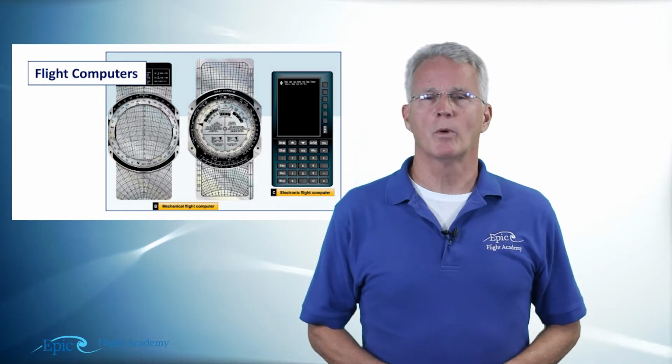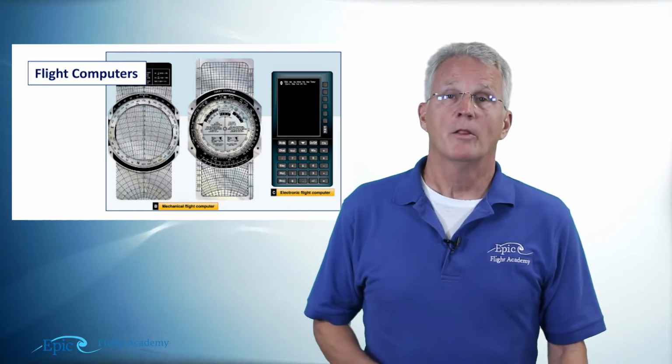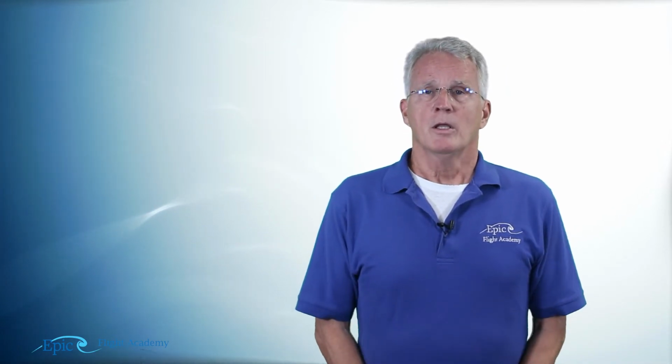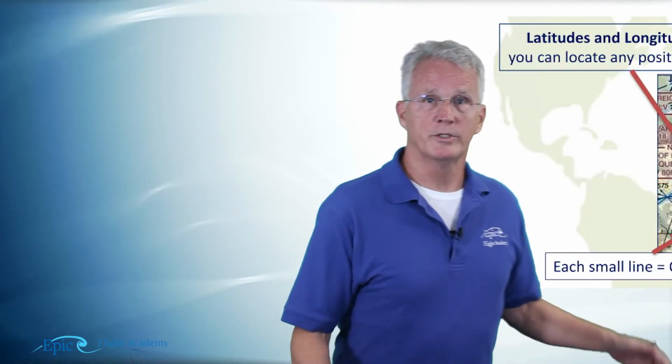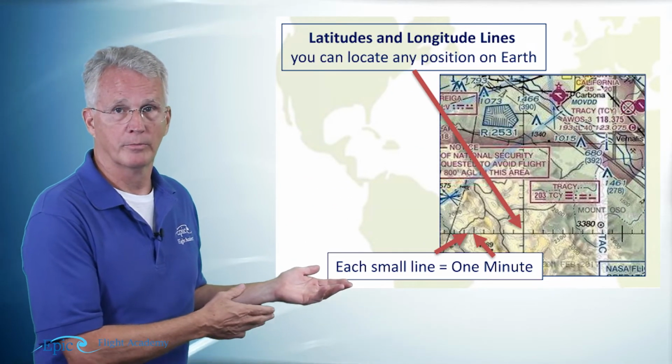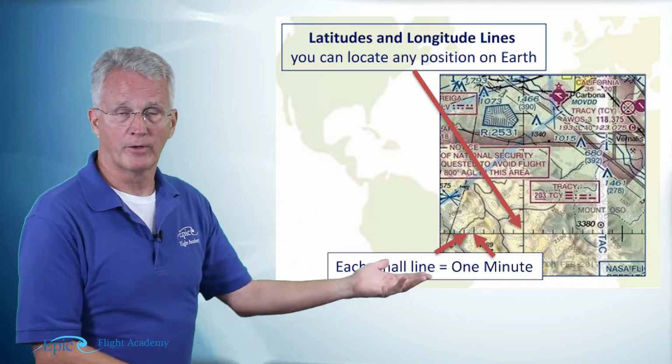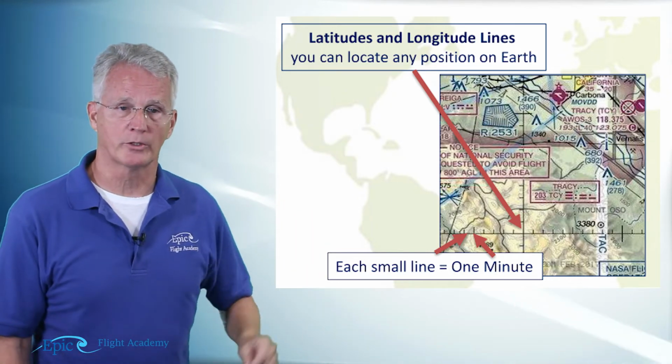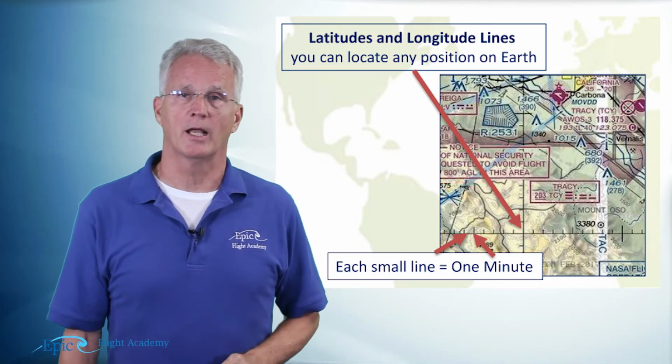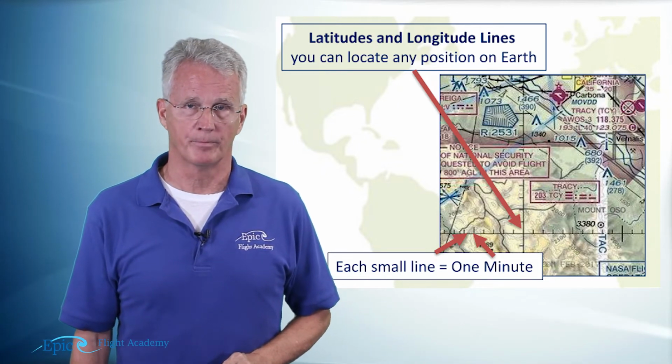The next thing we want to orient to are the lines of latitude and longitude. Now, if you're following along in the course and these videos, you know that we covered this in a lot more detail in an earlier video. So we just want to quickly review it here. This is an excerpt from a sectional chart, and this is what those lines of latitude and longitude look like.